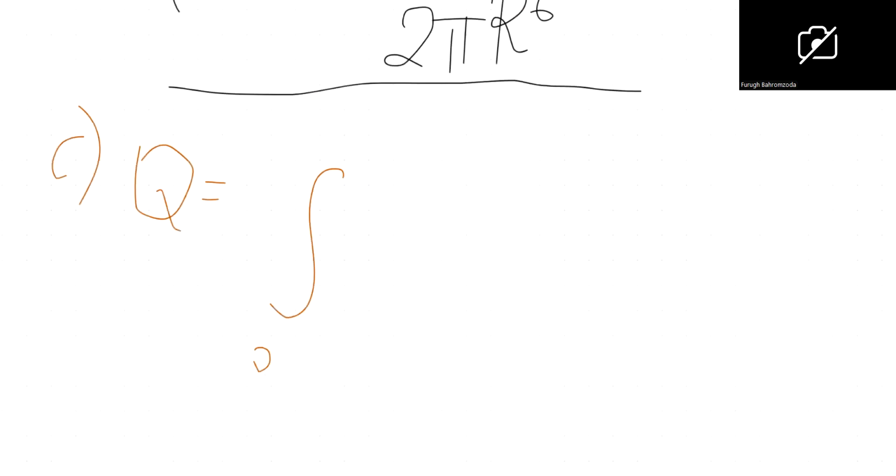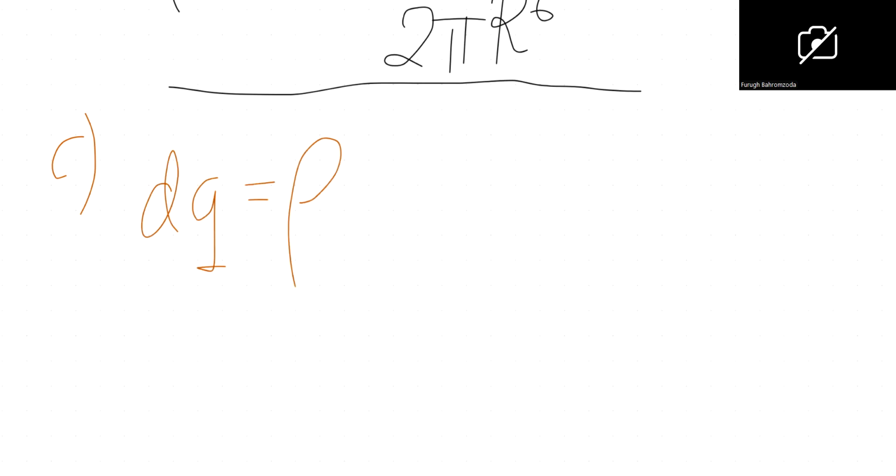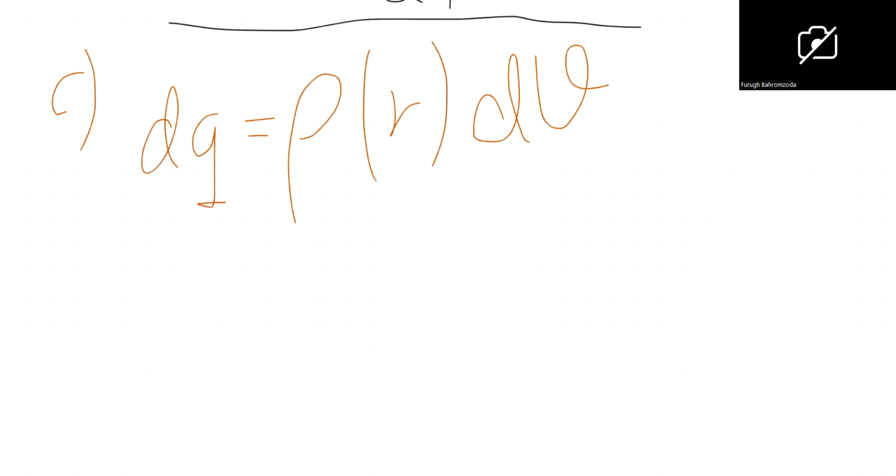Let's solve it some other way. This is so simple. Let me show it the other way, which is better. So dq is the density multiplied by d volume. Now we found that our volume charge density equals 3Q r cubed over 2 pi R to the power of 6.